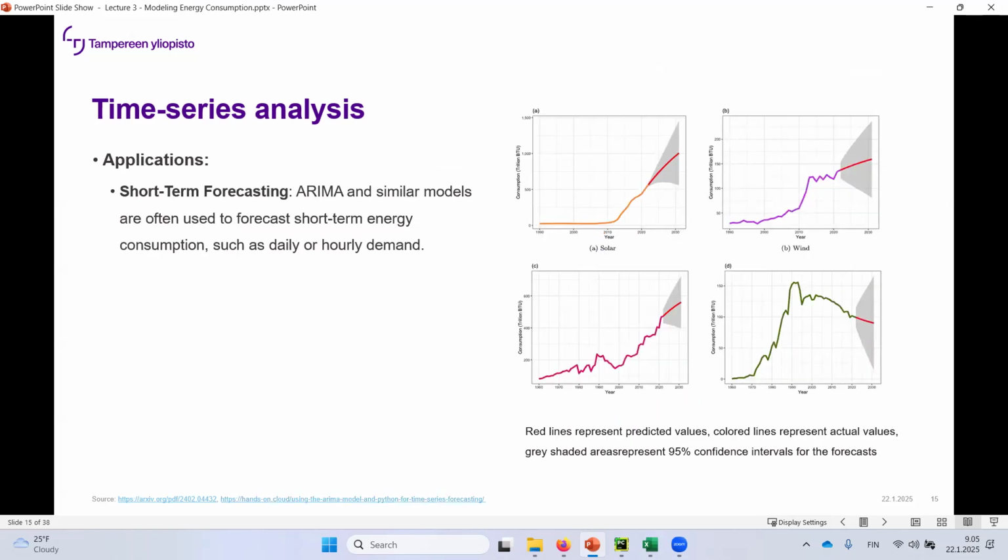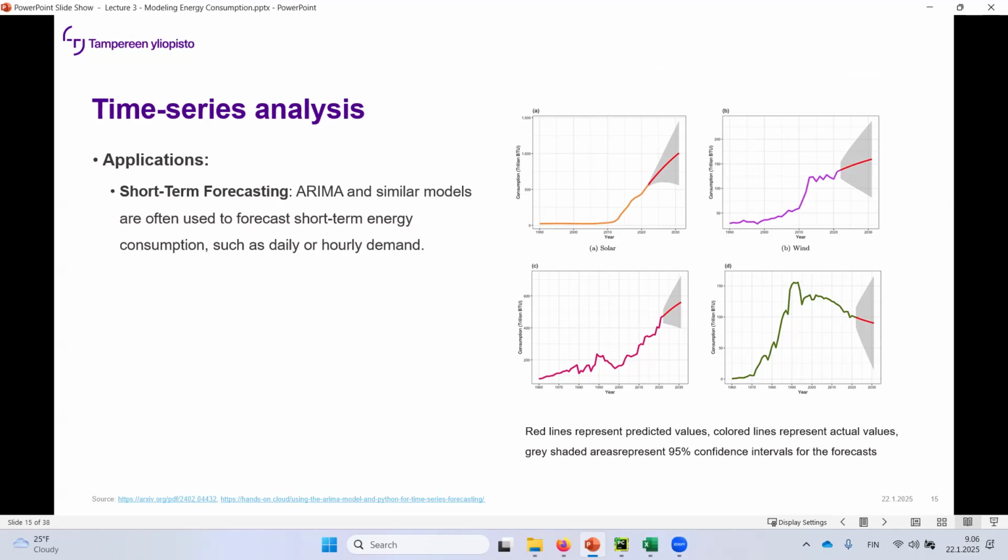So, for example, in here you can see the colored lines represent actual values, gray shaded areas represent 95% confidence intervals in the forecasts. So you can see the further the forecast goes, the less confident the model is that it follows this line.